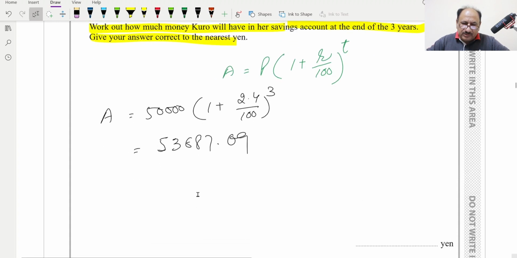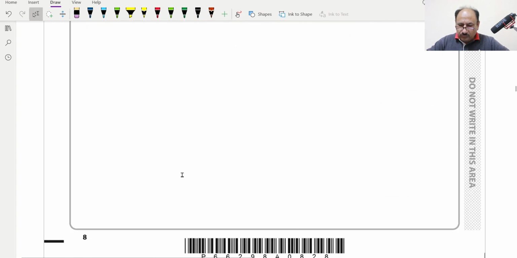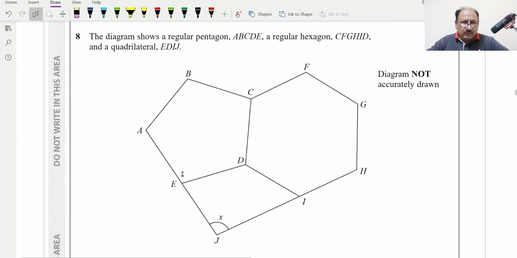They are saying answer correct to the nearest yen. So our answer will be 53687. This will be our final answer. Hopefully you understood this.